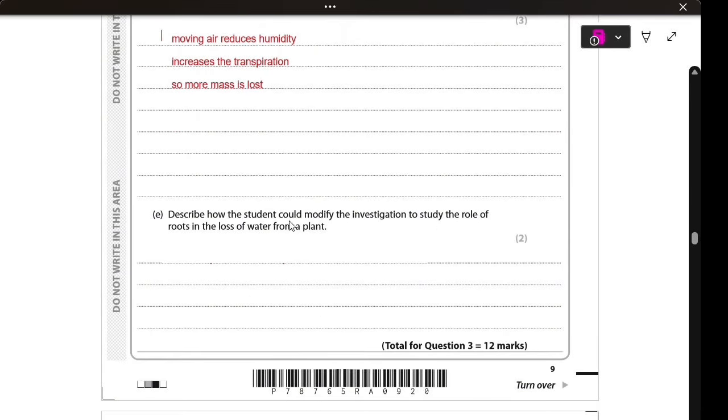Describe how the student could modify the investigation to study the role of roots in the loss of water from a plant.